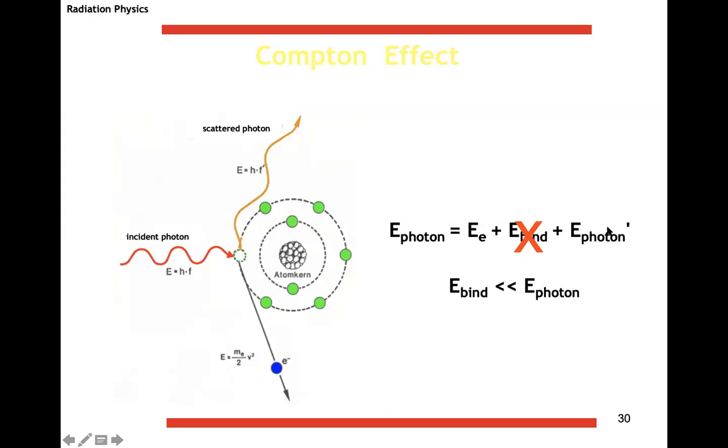In fact, you see the residual energy of the photon. In principle, you should sum it to the binding energy and to the energy of the electron to have the energy of the incident photon. But in reality, the binding energy is generally small because these are external electrons.